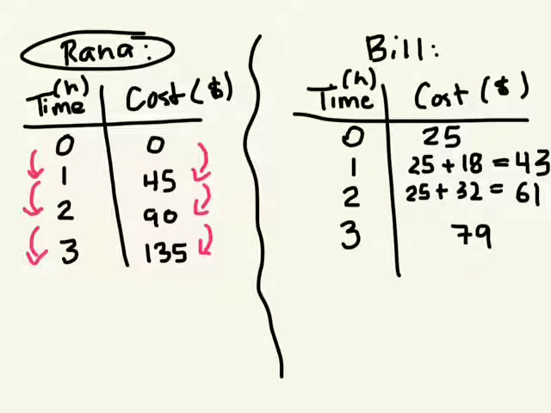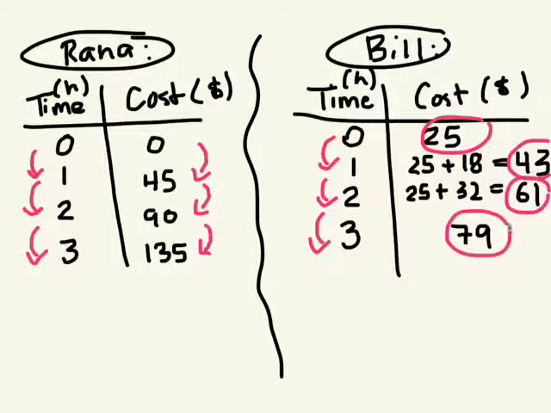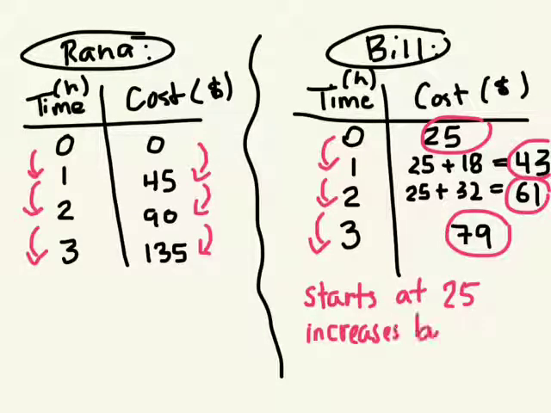What do you notice about Bill's service? Every time he increases by an hour, what happens to the cost? Well, think about what the cost starts at. Where does he start at? Starts at 25, and then it increases by how much every hour?